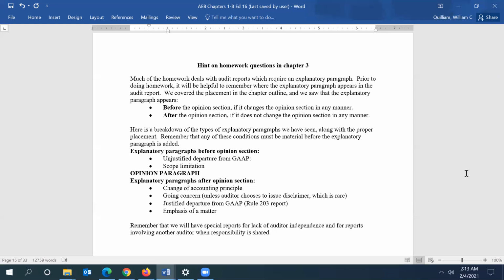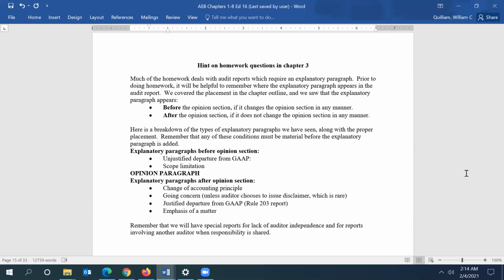So, two types of explanatory paragraphs before the opinion section. One will be unjustified departure from GAAP. So financial statements which are not in accordance with GAAP, some misstatement will be in the financials normally because of that. Then the second is the scope limitation.